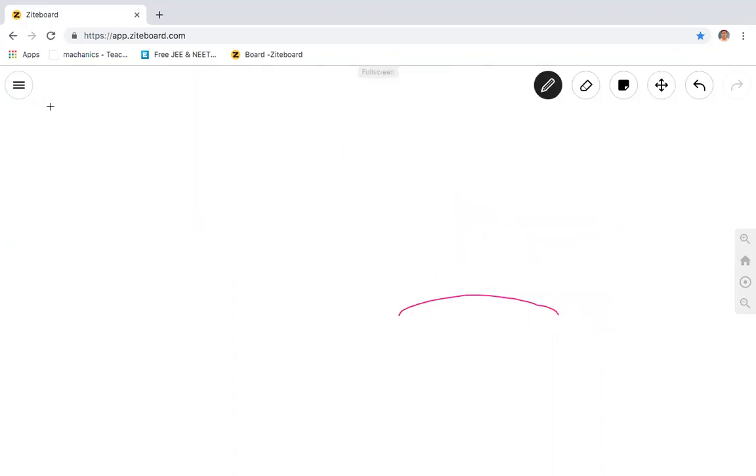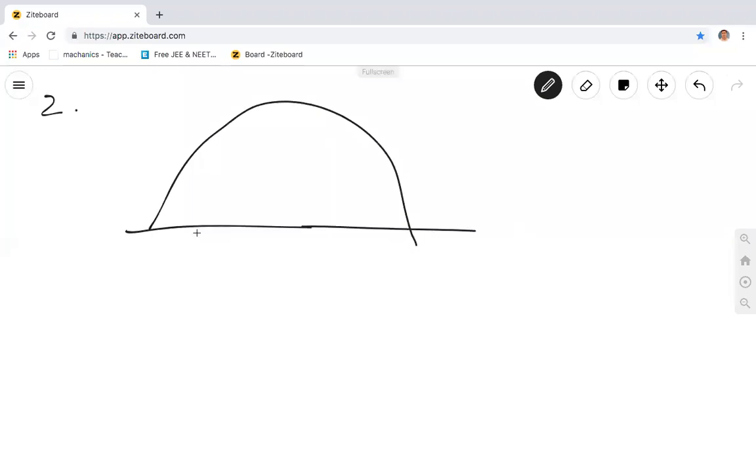Here it is a half sphere, and the object is here at the top. It falls off, and when it reaches here, it loses contact with the hemisphere.